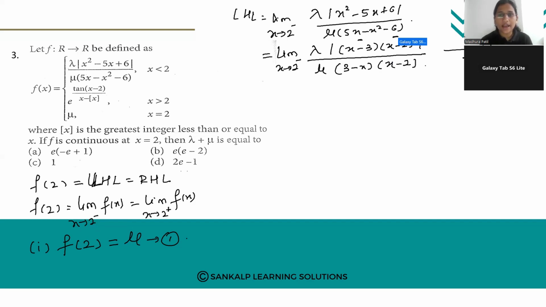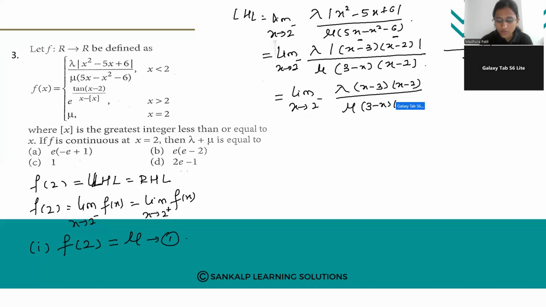To apply the limit, I have to remove the mod, and the input could be plus or minus. Since x is approaching from the left hand side, this takes minus and this takes minus, so minus into minus is plus. That means the mod opens with a positive value, x minus 3 times x minus 2, and the whole thing is divided by mu into 3 minus x into x minus 2.